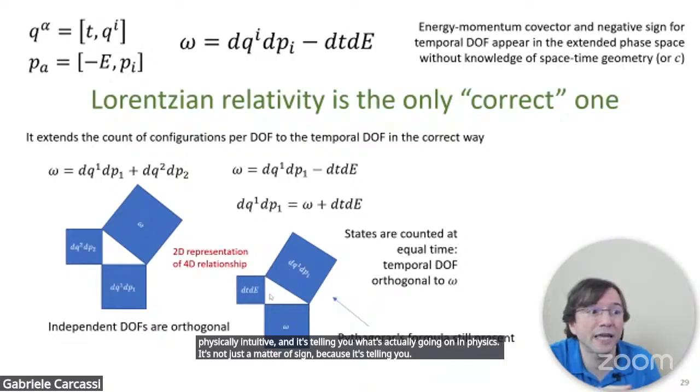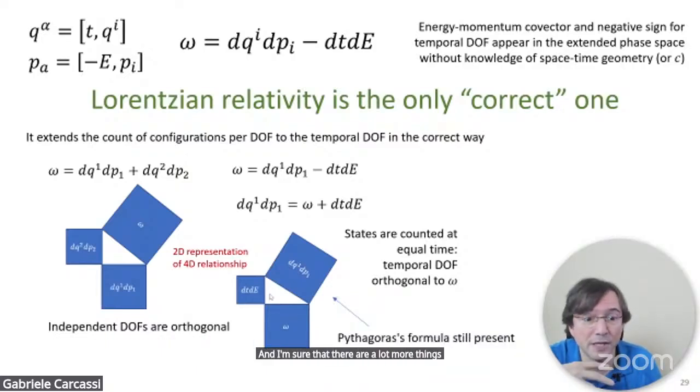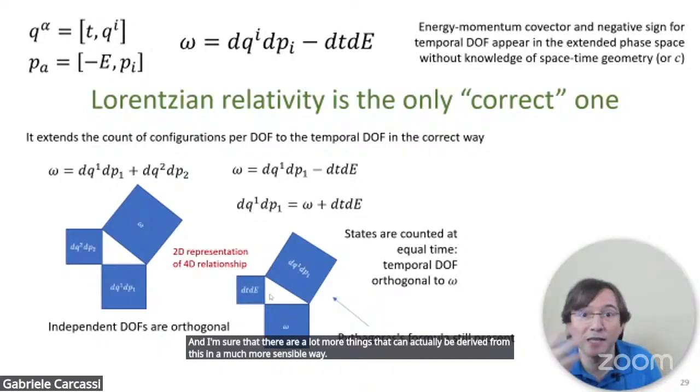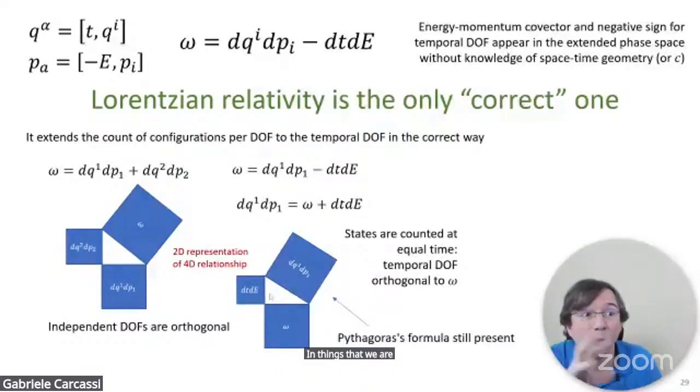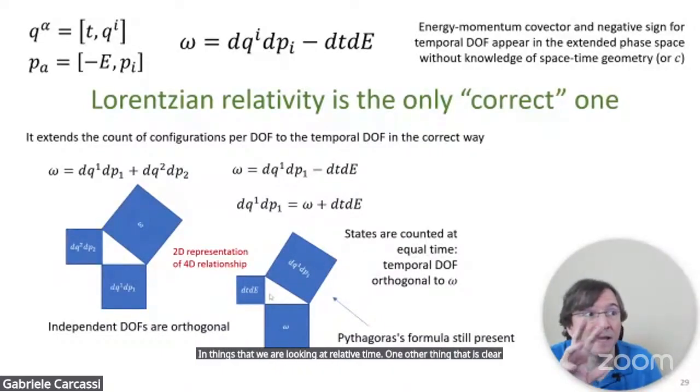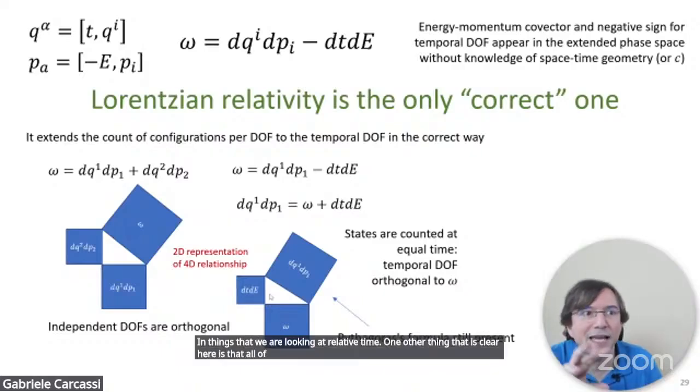And I'm sure that there are a lot more things that can be derived from this in a much more sensible way when we look at relativity. But one of the things that is clear here is that all of this reasoning comes because we're working in phase space, not just in space-time.